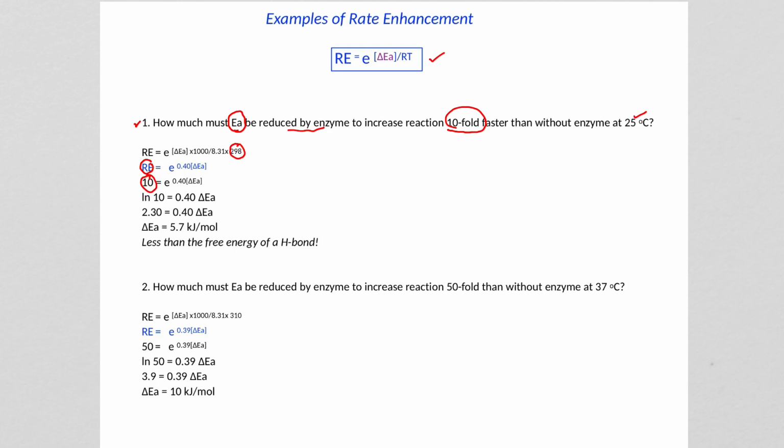And then you plug in the numbers and you see the delta EA is only about 5.7 kilojoules per mole. So the enzyme, in order to make the reaction go 10 times faster at 25 Celsius, needs to reduce the activation energy only by 5.7 kilojoules per mole. Now, 5.7 kilojoules per mole, that's less than the free energy of a weak interaction such as a hydrogen bond.